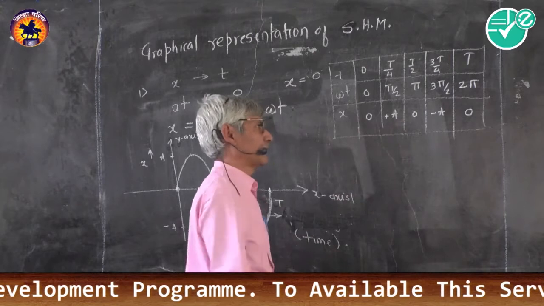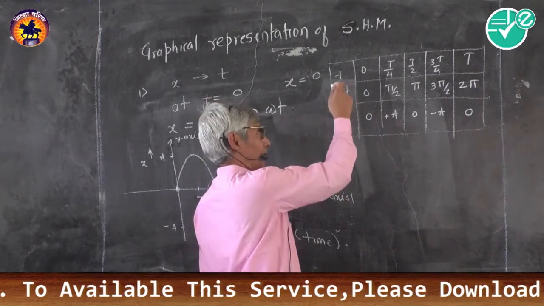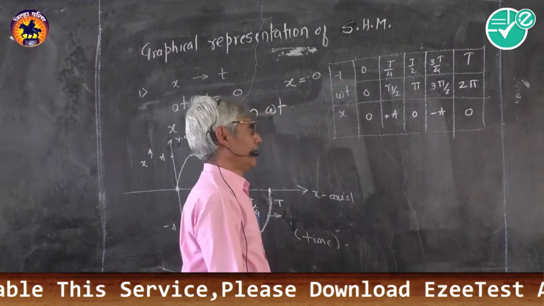These are the values of x for the different instants of omega t or for different instants t.